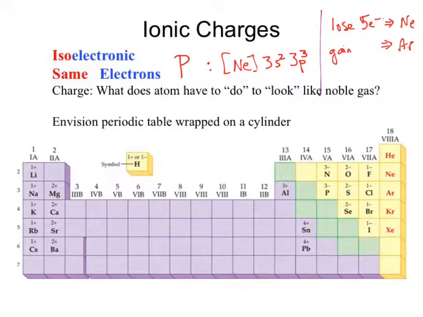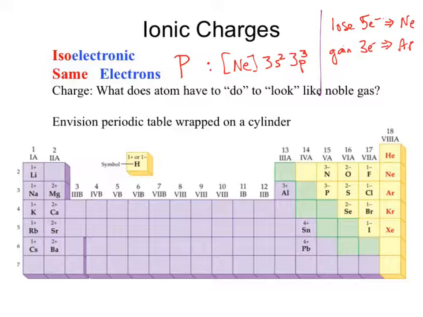Or, to look like argon, it can gain 3 electrons, which is easier. Gain 3 electrons. So what charge do we predict for our phosphorus? -3, because it picked up 3 negatively charged species. And what charge do we tell you to memorize? -3. The electron configuration tells you the charge.